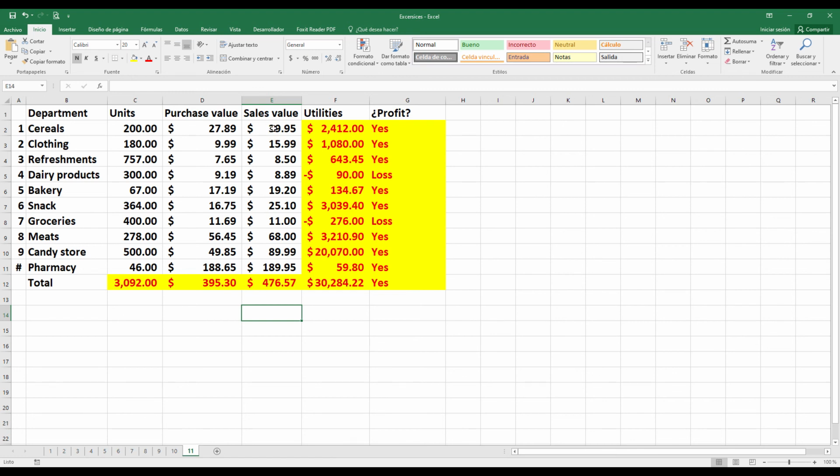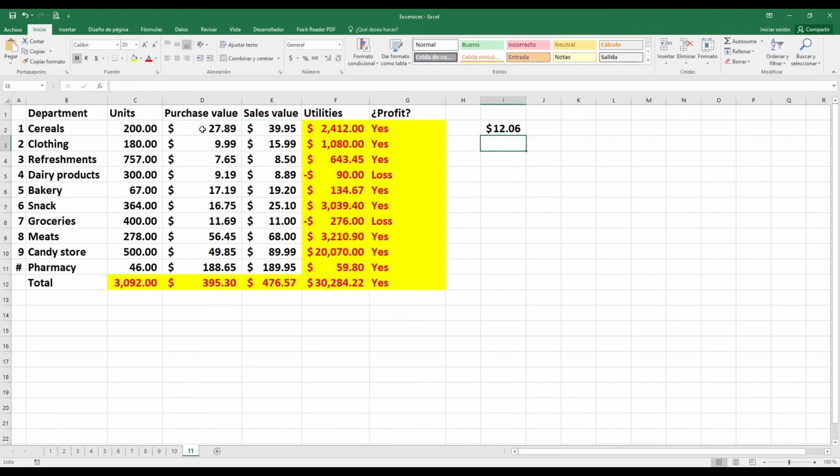Almost 12 pesos. Yes, but remember, you bought and will sell 200. How do you calculate that? Sales value less purchase value. Okay, yes, almost 12.